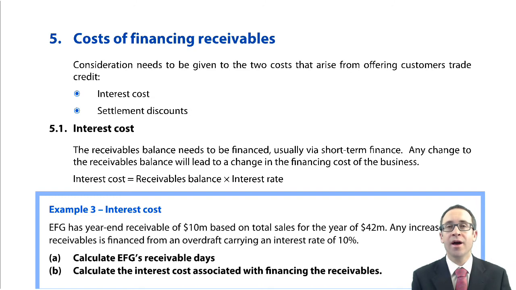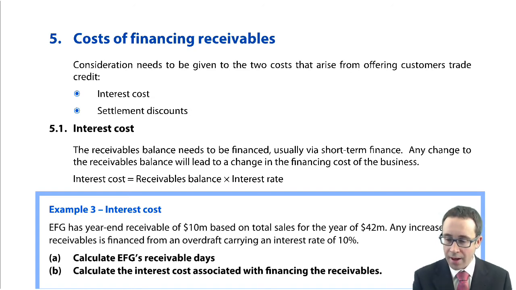And because we get less cash in, that effectively means that we need to borrow for that period of time to ensure that we get the full amount of cash from the overall invoice that we issued. And again, that is going to have a cost. So we need to work out the cost of offering that settlement discount and see whether or not that is cheaper than financing the debt via an overdraft or short-term loan.